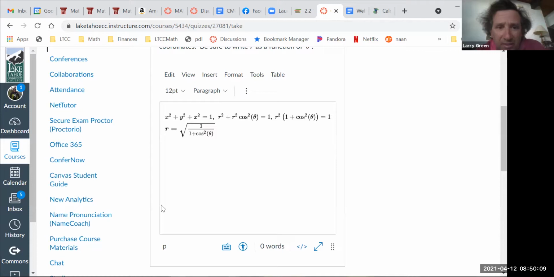Any questions on working this out? Okay, there are other ways of doing it, but I think that's the easiest. Maybe you don't agree, but I think it's the easiest.